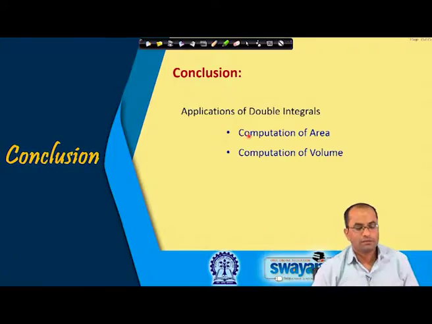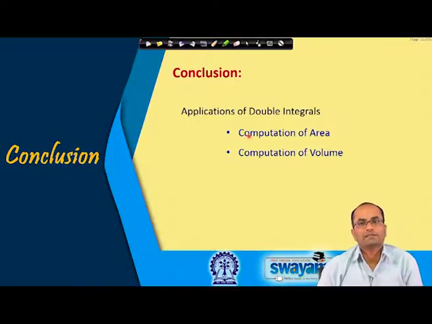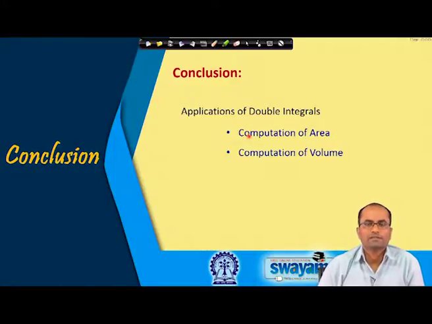What we have seen today are applications of these double integrals, mainly the computation of area and also the computation of volume. In later lectures we will also see another application where we can compute the surface area as well.